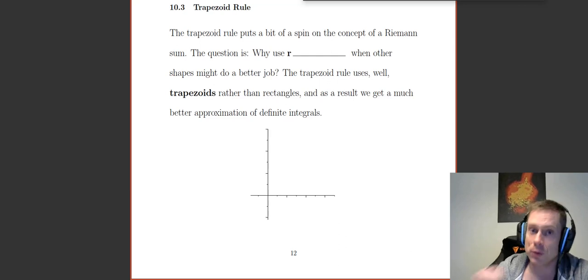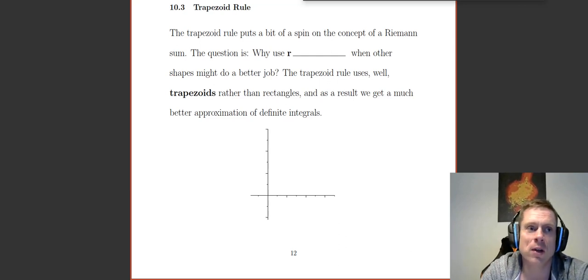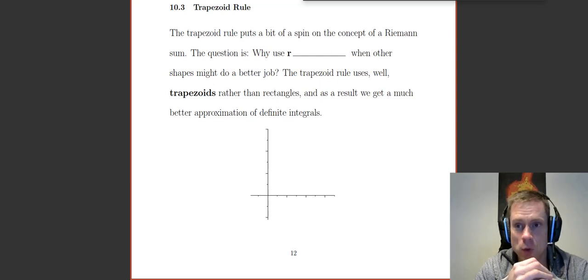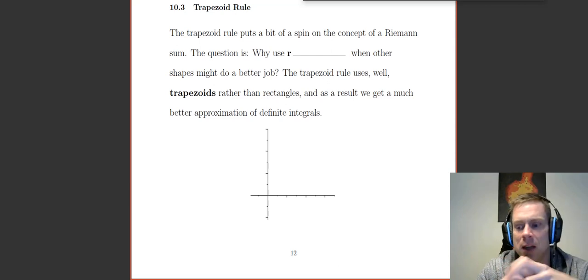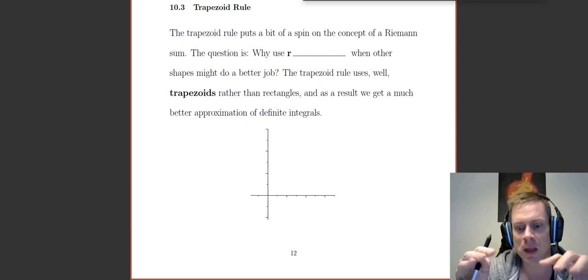We left off talking about Riemann sums, and with Riemann sums, we're approximating the area under a curve, or approximating the value of a definite integral by using a series of areas of rectangles. So we're calculating areas of rectangles defined in different ways and adding them up. Okay.